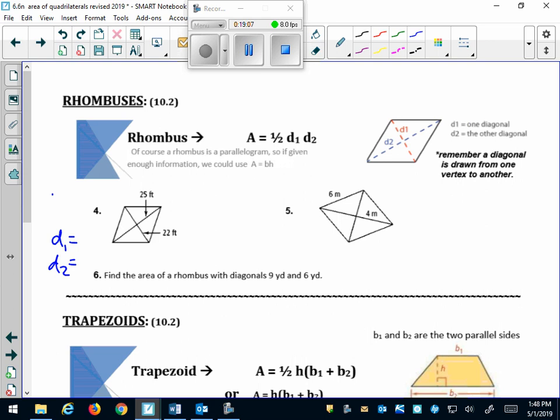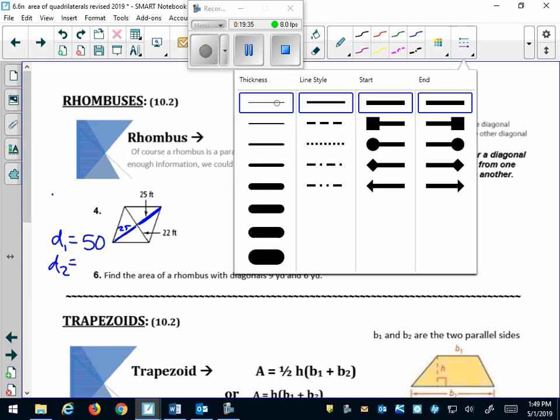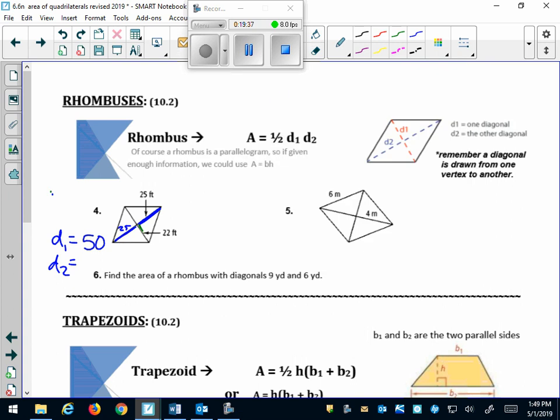So assuming that this is pointing just to this piece here, so that piece is 25. What's the whole diagonal? 50. Because in a parallelogram, diagonals bisect each other, right? So if that's 25, this has to be 25. So in the other direction, they give us that little piece is 22. So what's the whole diagonal? 44.